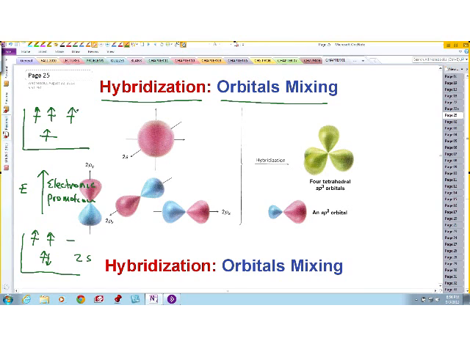Now all of the orbitals have electrons, 1 electron each, as a result of electronic promotion. Okay, you follow that? You got all that?